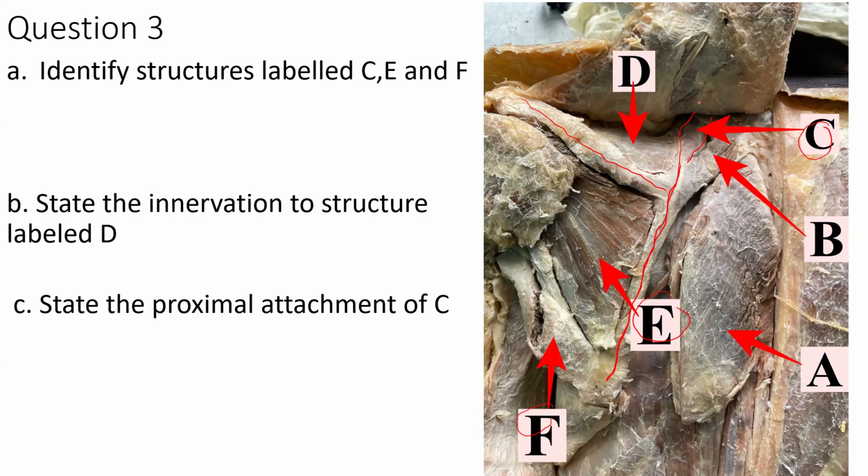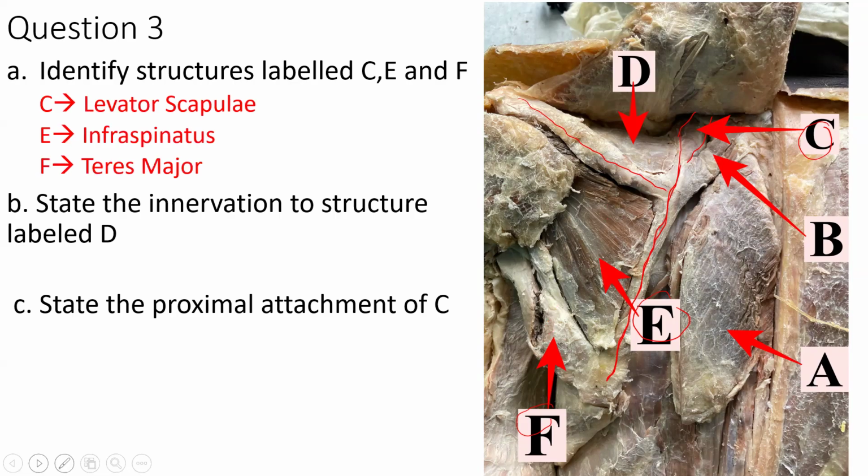Then E is attached on this fossa beneath the scapular spine, so it's the infraspinatus muscle. And F over here is the teres major muscle.